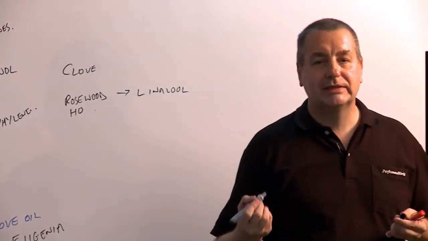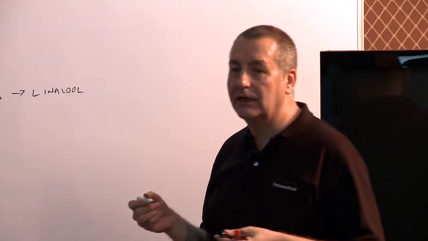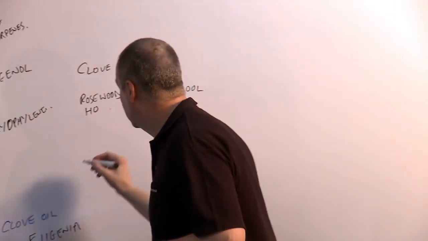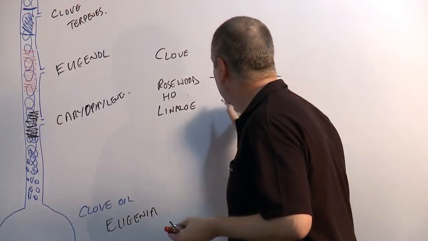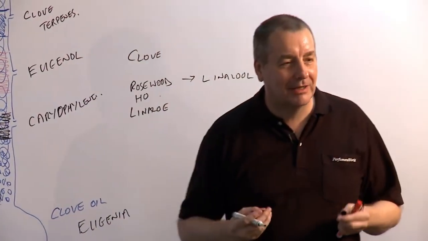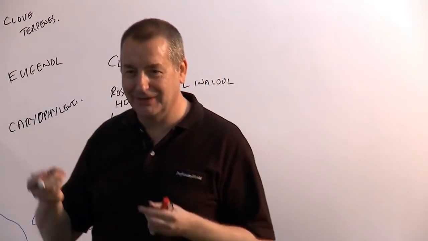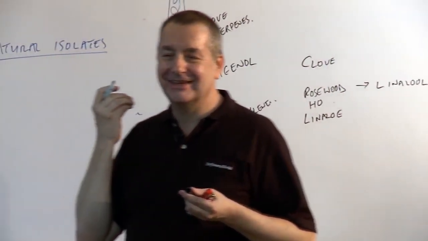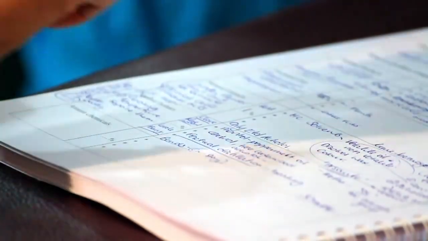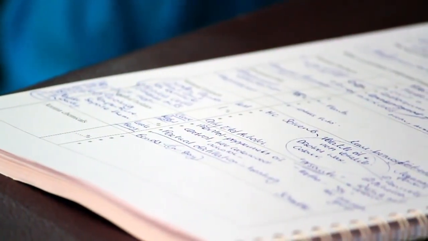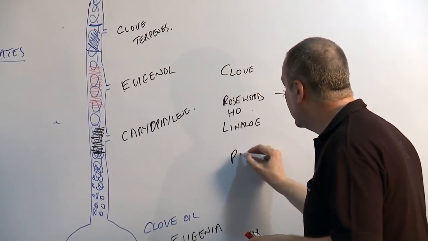But linalool gets its name because it was first found in linalow berries. I wouldn't actually know a linalow berry if you put one in front of me now. But the first time they found this chemical called linalool, it was the alcohol found in linalow berries.